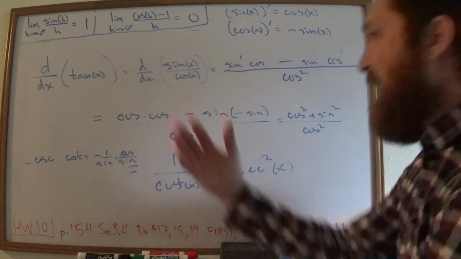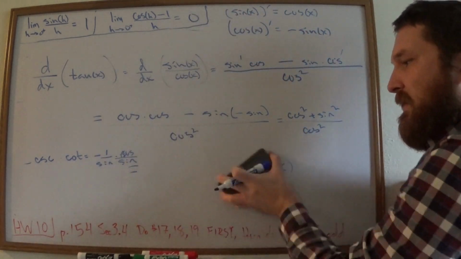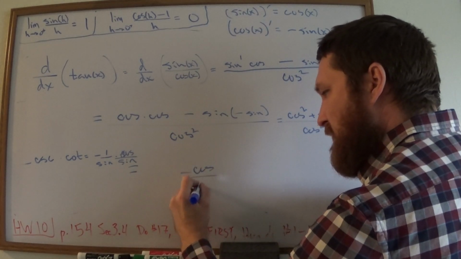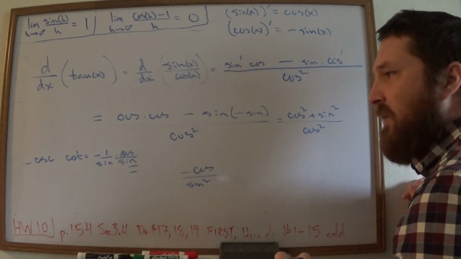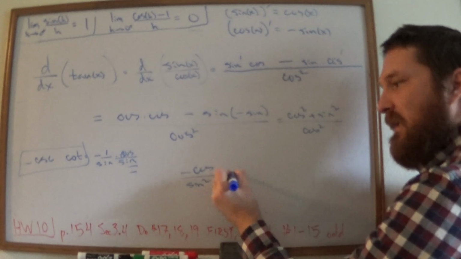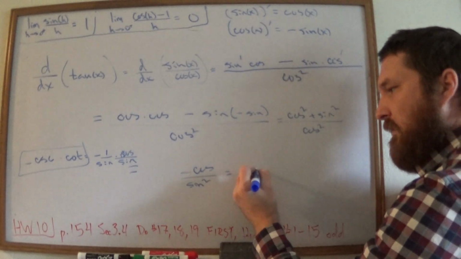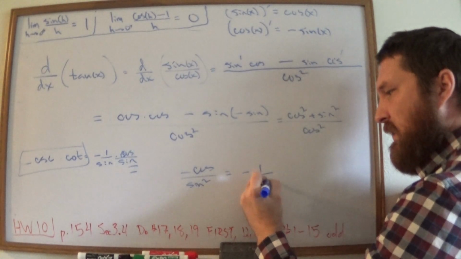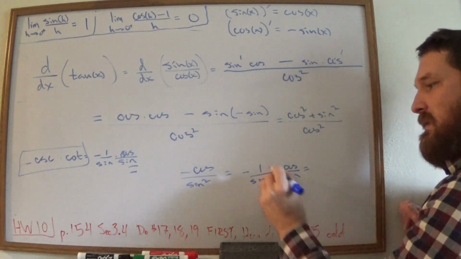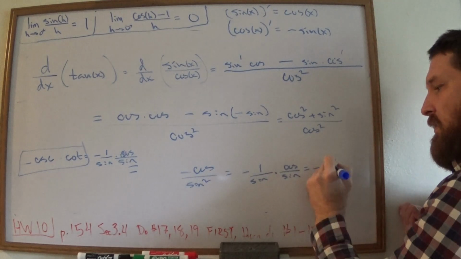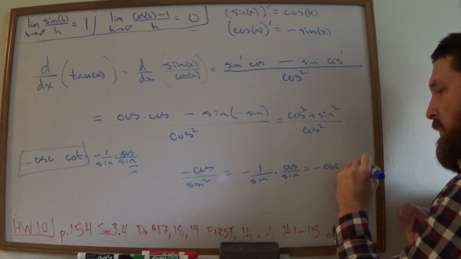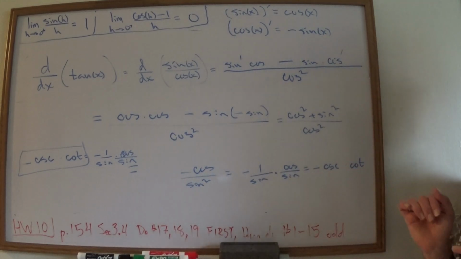So I'm willing to bet that as you do this, you're going to get to the bottom and have negative cosine over sine squared. And then you're not done, because it told you to prove that this is true. So you just take the next step. Negative 1 over sine times cosine over sine is the same thing as negative cosecant times cotangent. And then you're done.